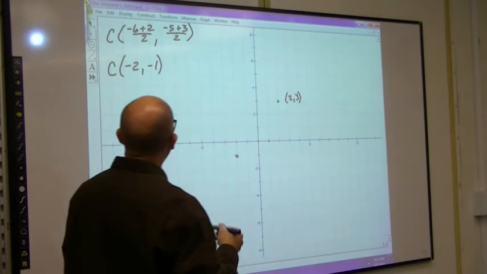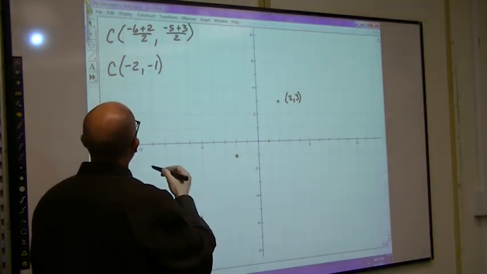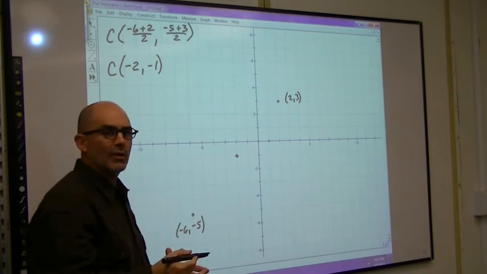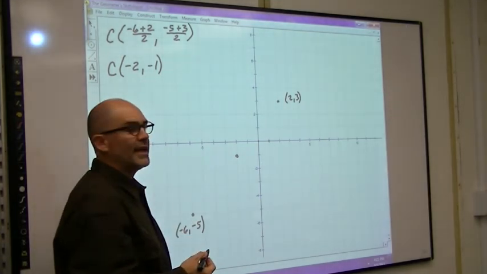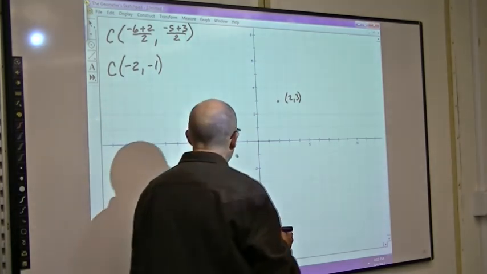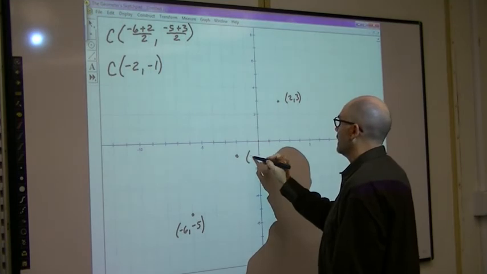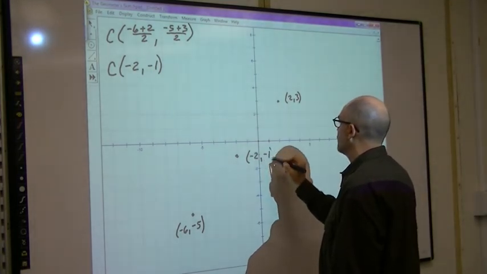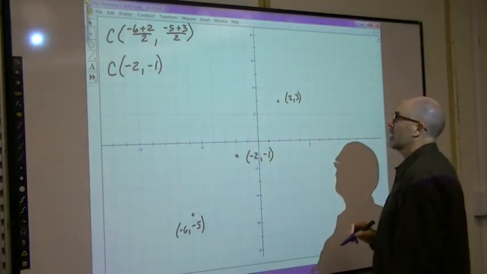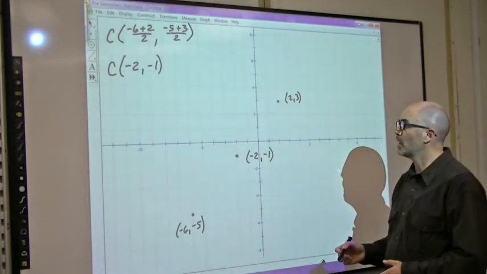Okay, now basically right now we have almost the whole equation. All we need left to get the equation is the radius. So what's the distance between (−2, −1) and (2, 3)? Man, that's a good thing we had that in section 1.